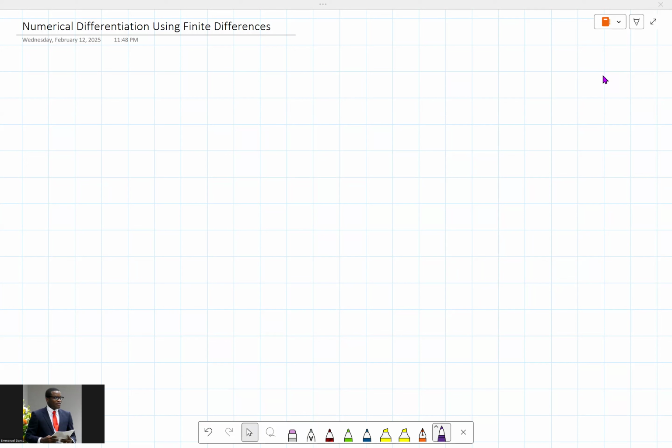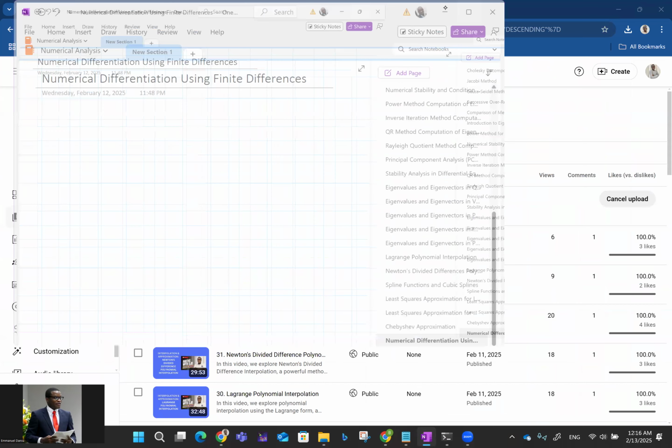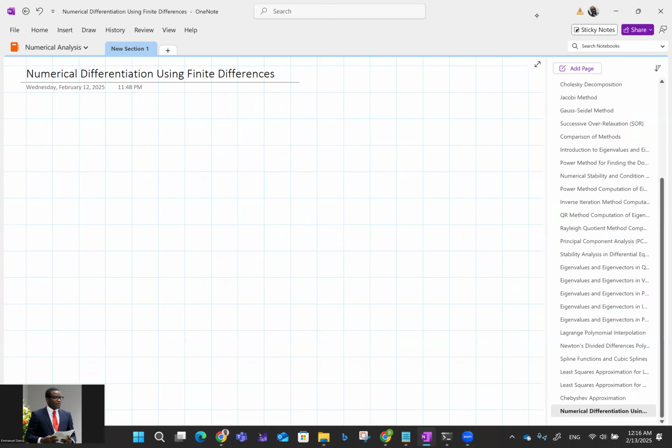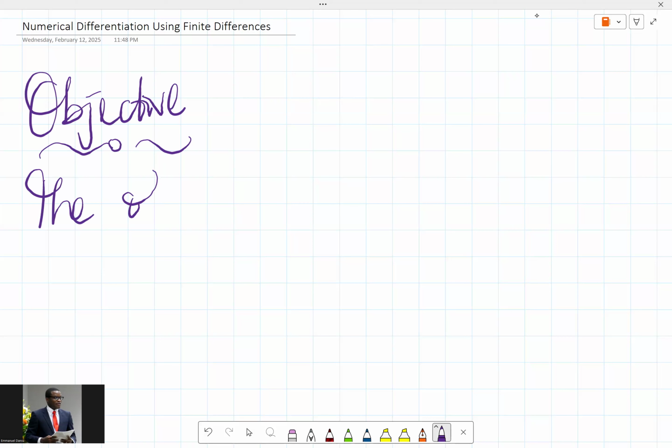Okay, so of course, our objective here, the focus in the first place, is numerical differentiation in this video, and it's numerical differentiation using finite differences.